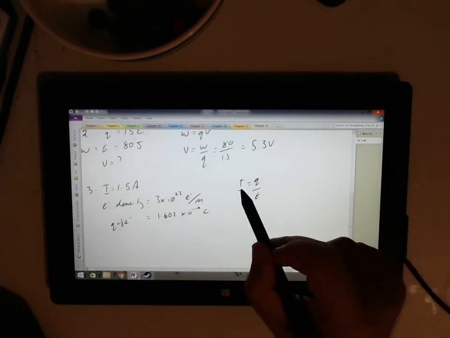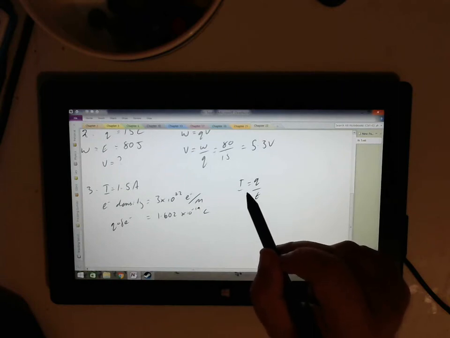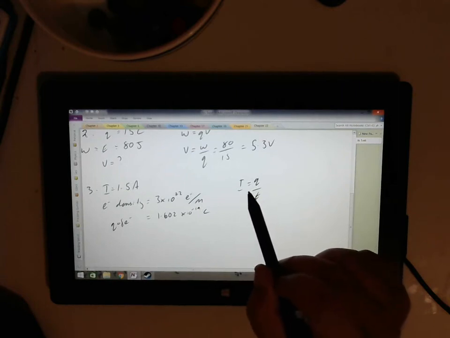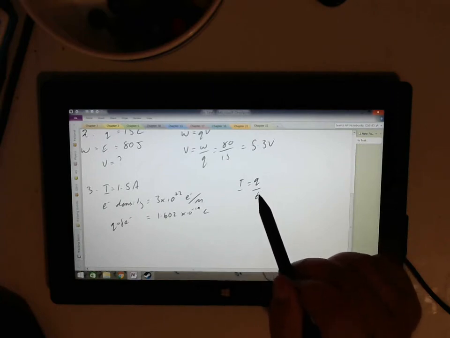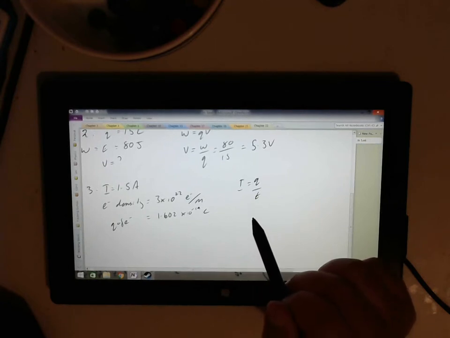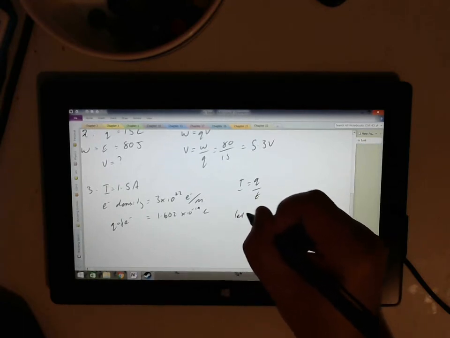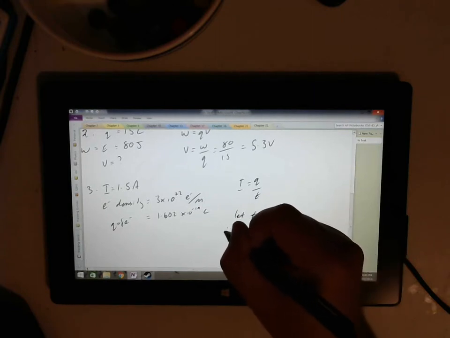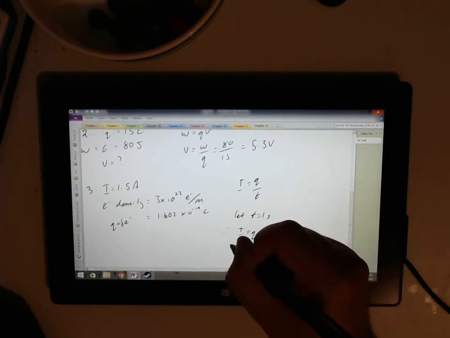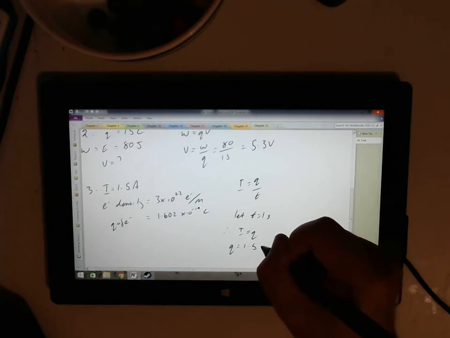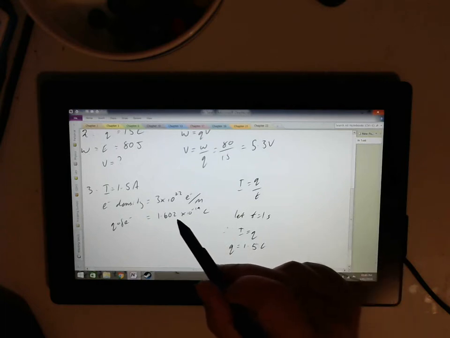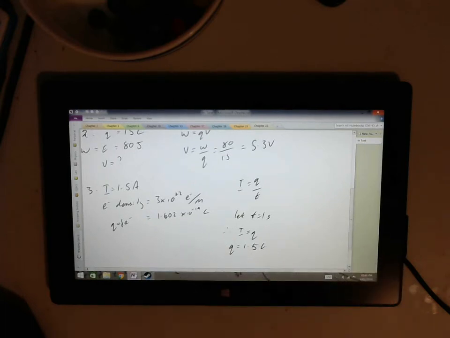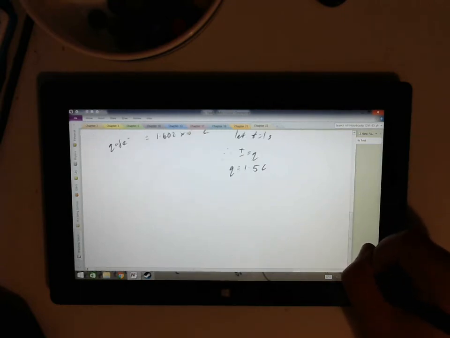So if we have a current of 1.5 amperes, what we're saying is that in 1 second, 1.5 coulombs goes past. So let T equal 1 second, therefore I equals Q, Q equals 1.5 coulombs of charge. And hey, look, now we've got 1.5 and we've got this. So 1.5 coulombs of charge passes a point each second.